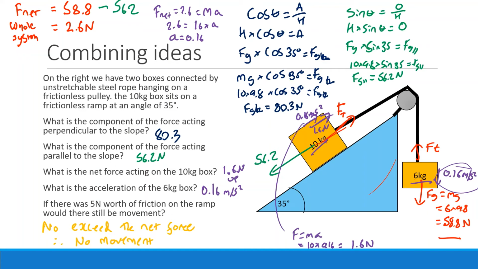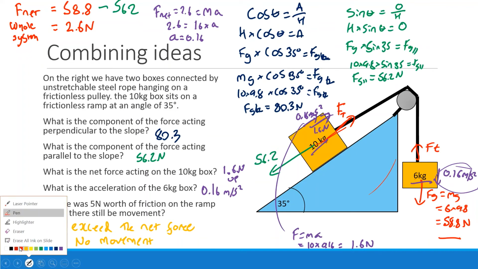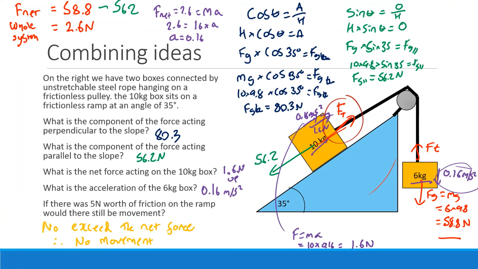But as a bonus little extra thing, and this is a bonus just because I didn't do this and it wasn't actually a question, but I think this is what drew my attention to the fact that there was something wrong. I thought to myself, this tension force here and this tension force should be the same.